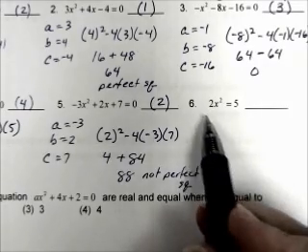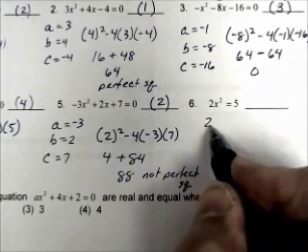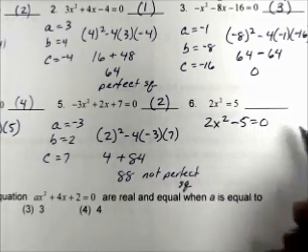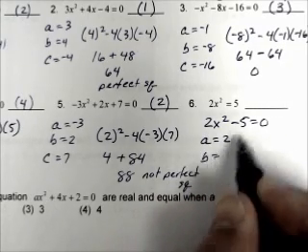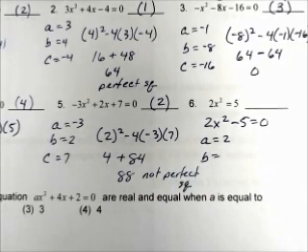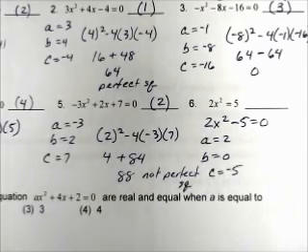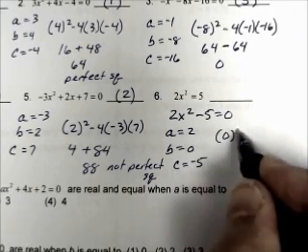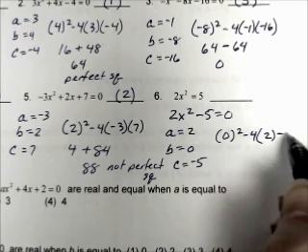Number 6, that's the first one that we'd have to put in standard form first. 2x squared minus 5 equals 0. So our a value is 2. B, there is no x term, so the coefficient of it would be 0. And c is negative 5. B squared minus 4ac. So 0 squared minus 4 times a times c.